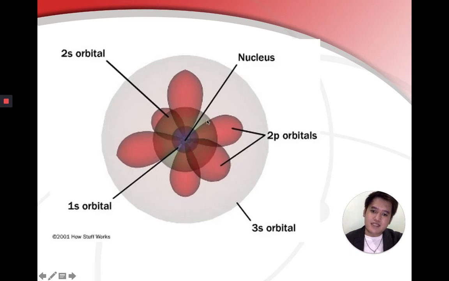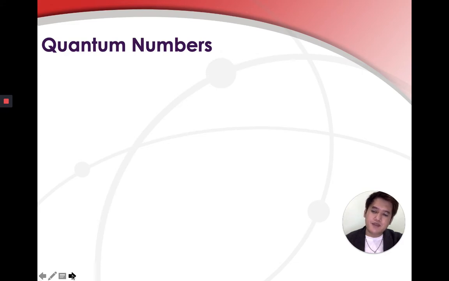These are represented in so many ways, and I'll explain later on why that picture is that way, and what 1s orbitals and 2p orbitals are. Just remember that when you talk about orbitals, these are regions in space where there is a high likelihood of finding electrons.